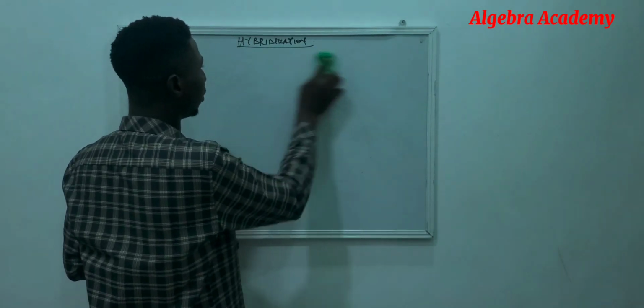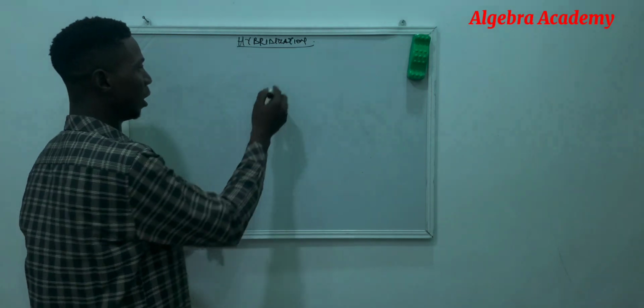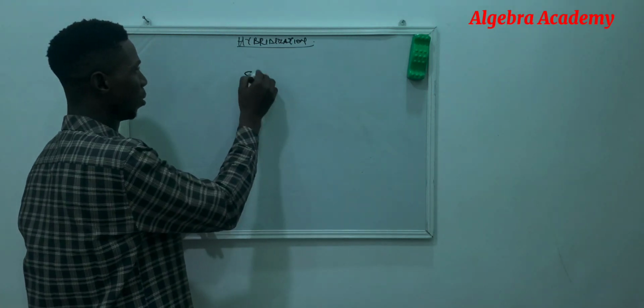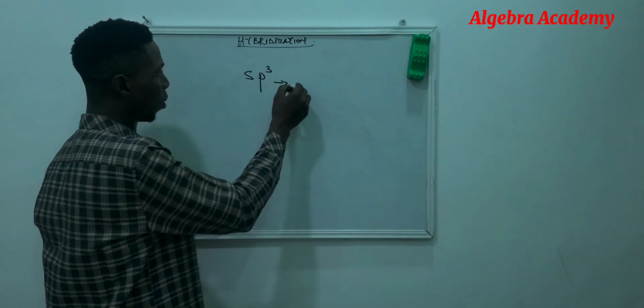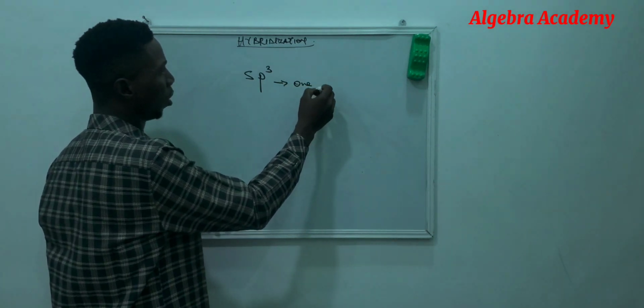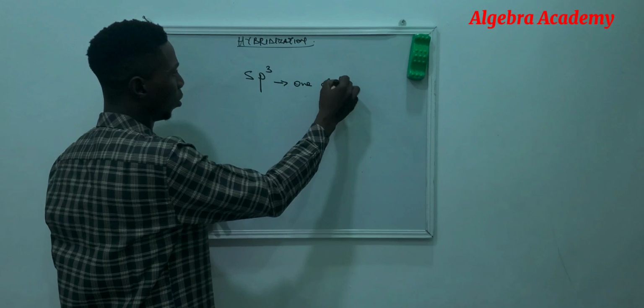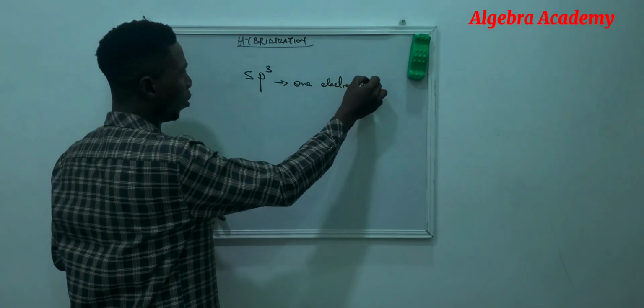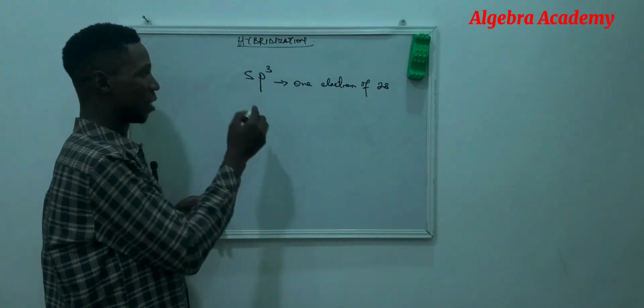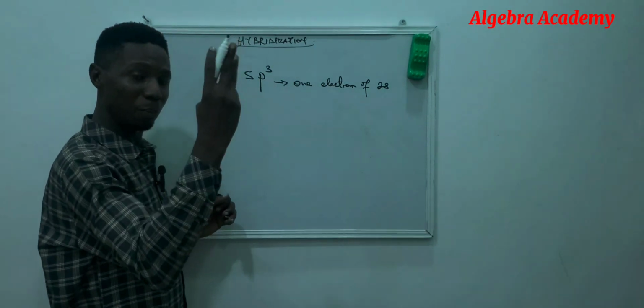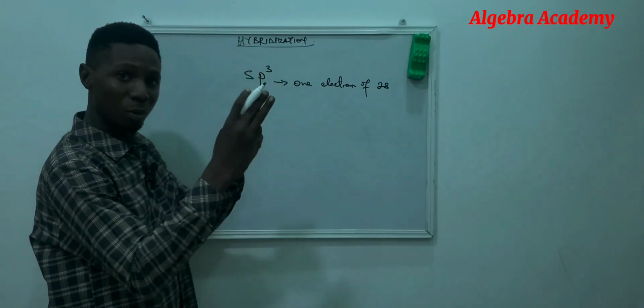Starting with sp3, looking at the name sp3, it is telling us that we have one electron of 2s. You can see one s, p3, three different p's, one s and 3p coming together.